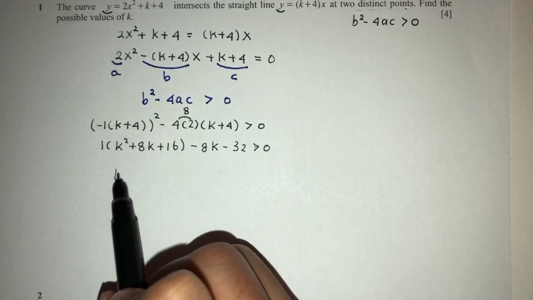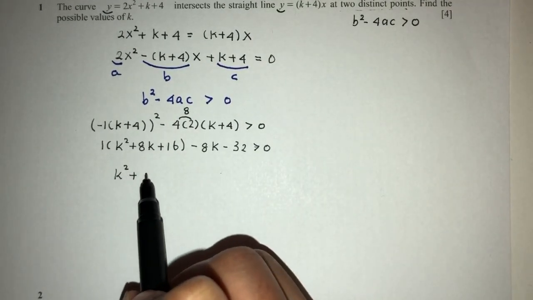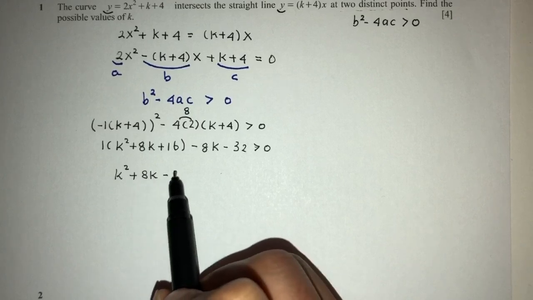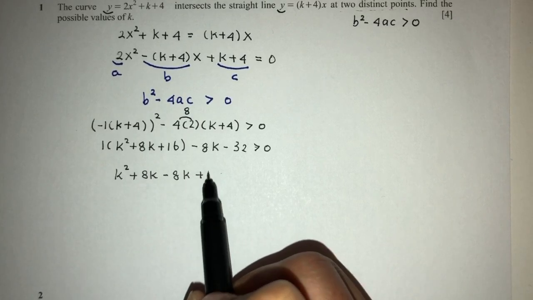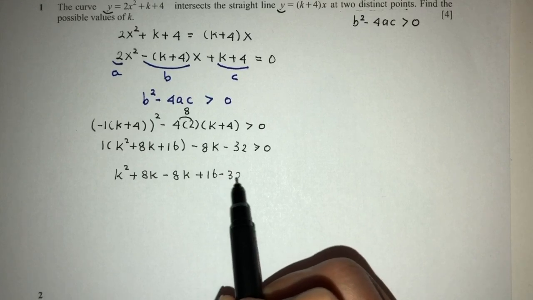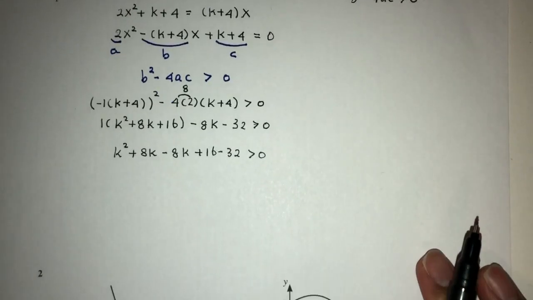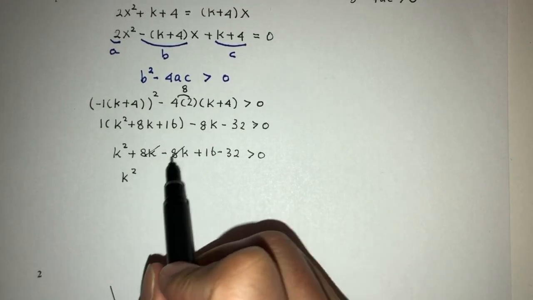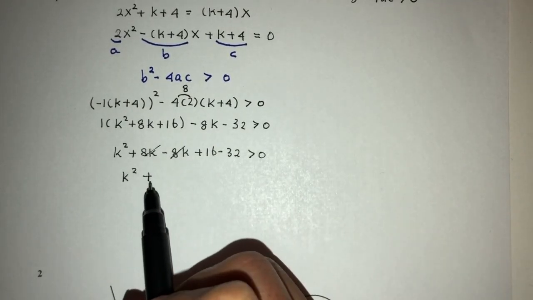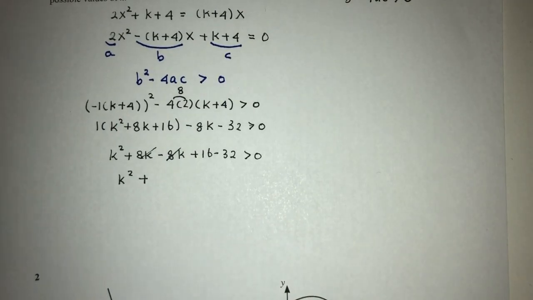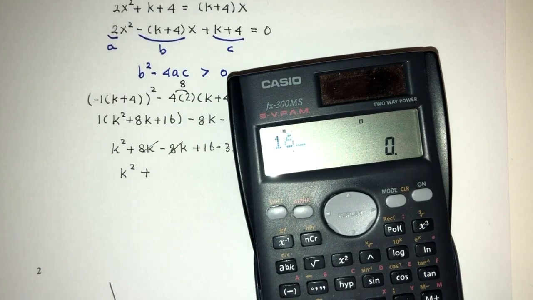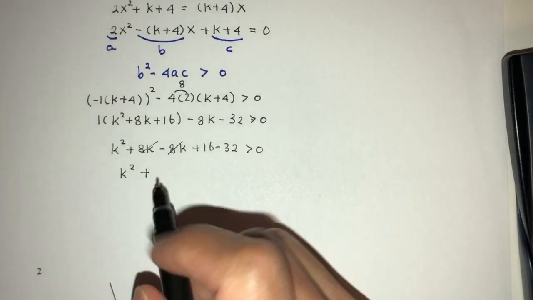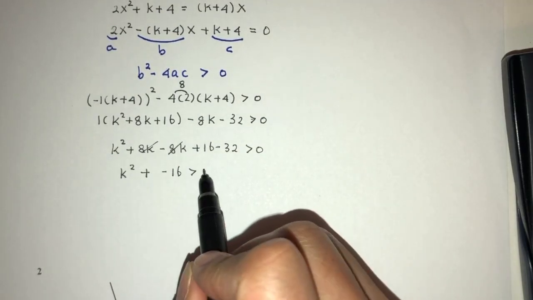You will have k squared plus 8k minus 8k plus 16 minus 32, more than 0. So simplify again. K squared, this will cancel out, and then what is 16 minus 32? Let's check. It should be the same thing. So that will be minus 16, more than 0.